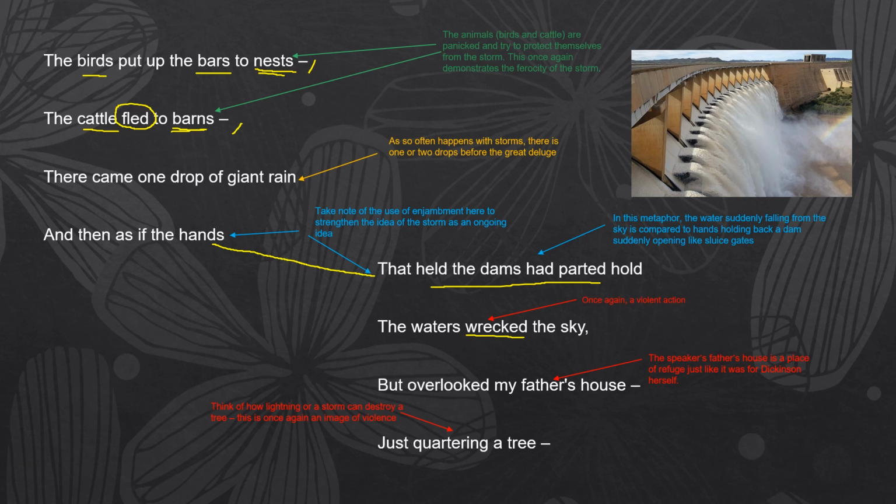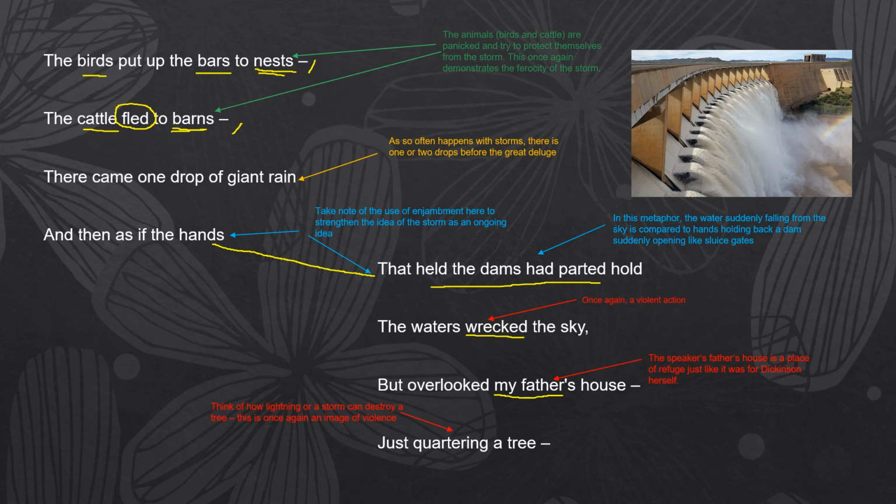In the last two lines, we see the speaker's sense of shelter and refuge. It says here, but overlooked my father's house. All right, so here we get the sense of Dickinson's own voice coming through here. Just like she was a recluse and she found safety and refuge in being a recluse in her father's house. That's what happens with the speaker over here. The storm overlooks the father's house.